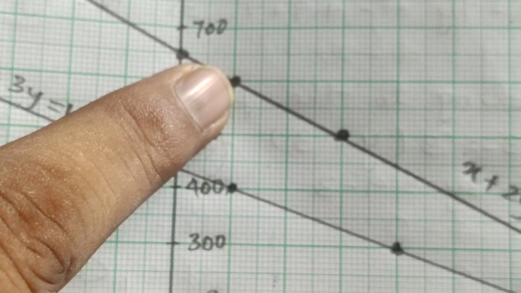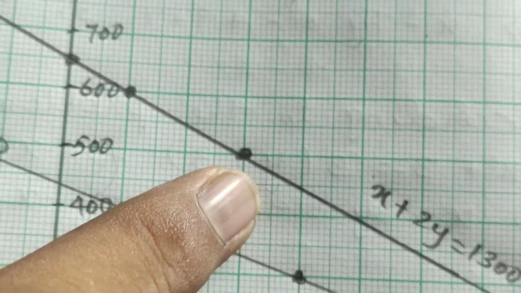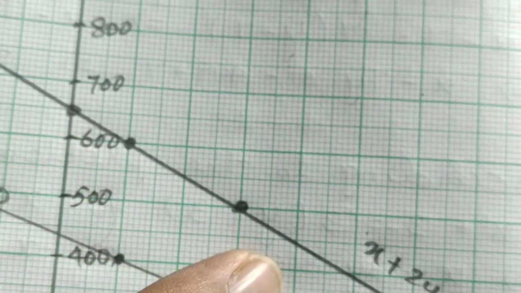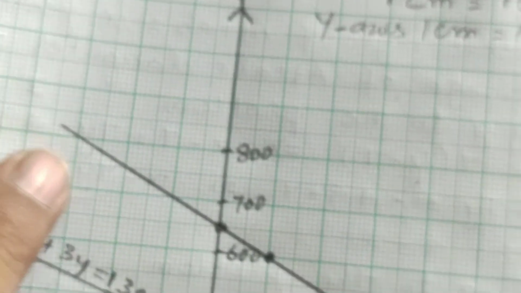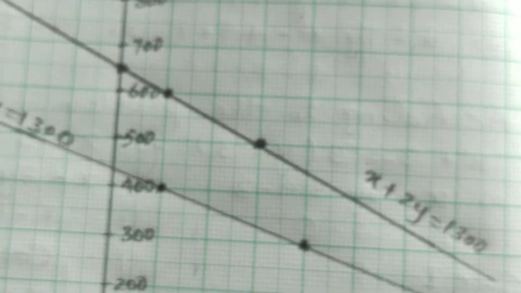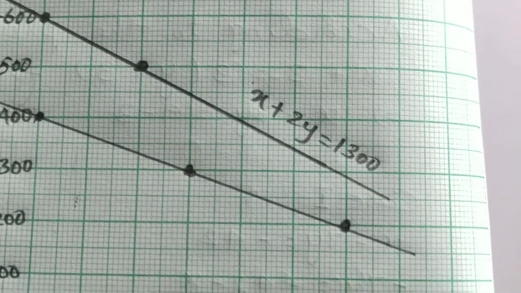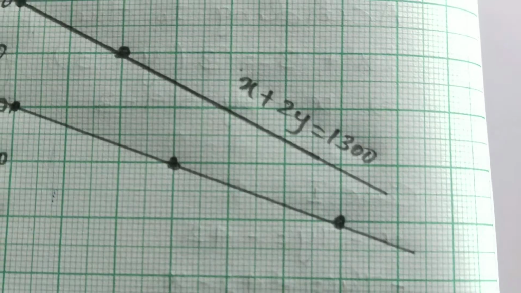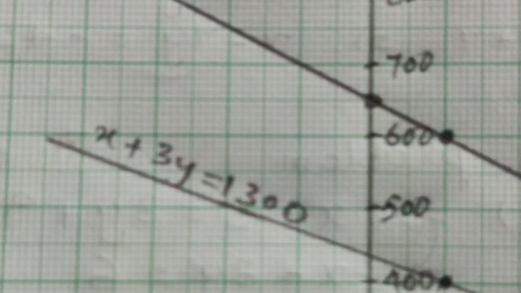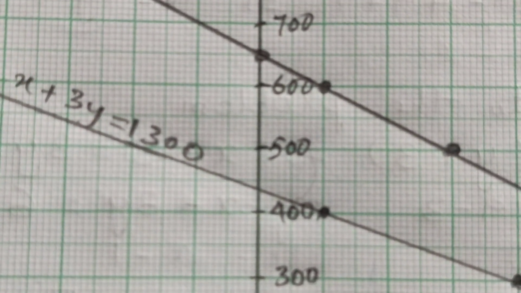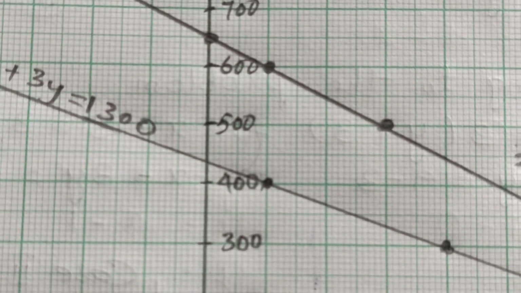Here it is 600. Like that, another point. Then see here, I got all the 3 points on a straight line. So you can join those points and write that equation name, x plus 2y equals 300. Similarly the second equation also, that is x plus 3y equals 1300.